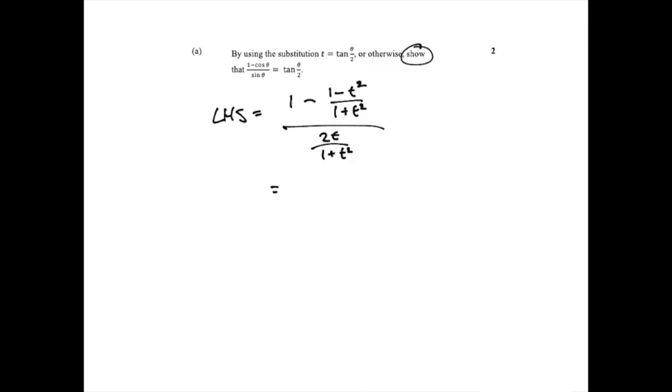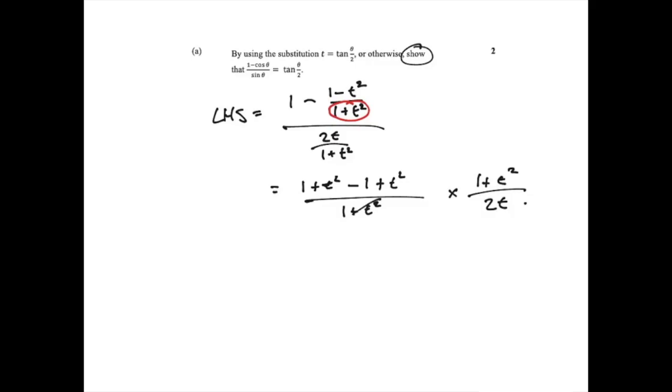On our numerator, let's get a common denominator, which will be 1 plus t squared. So it will be 1 plus t squared, then minus 1, and minus a negative t squared will make plus, all over 1 plus t squared. Then we're dividing by another fraction, so we flip and multiply: 1 plus t squared over 2t.